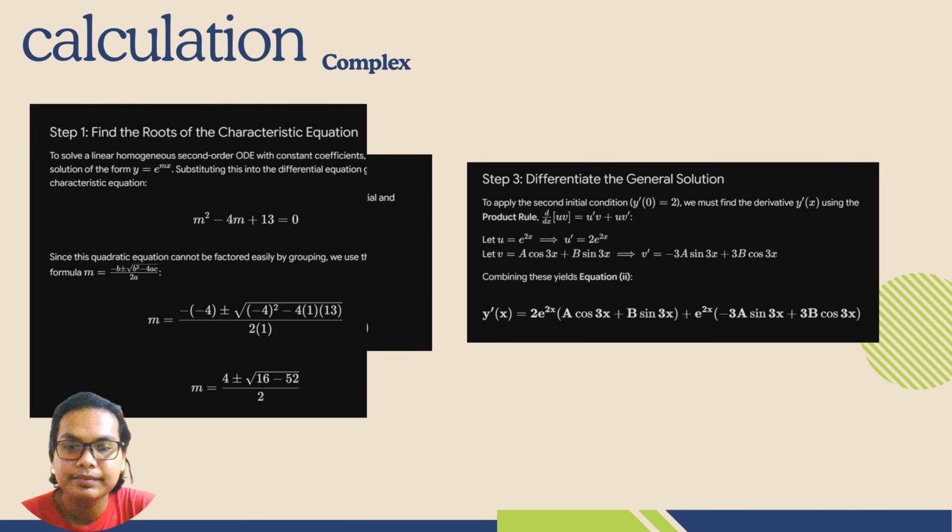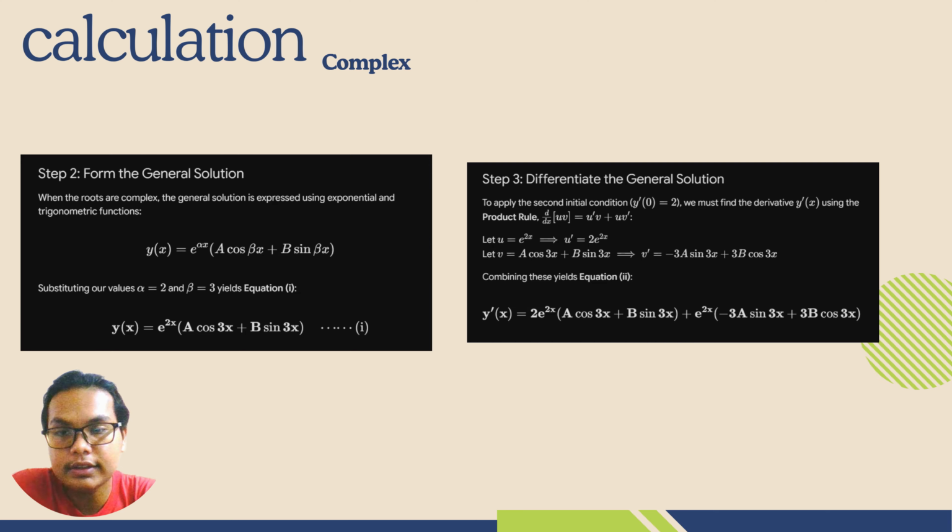So the next step will be we have to use the general equation that we talked about before for complex root, which is y(x) equals to exponent power of alpha x times a cos beta x plus b sin beta x.